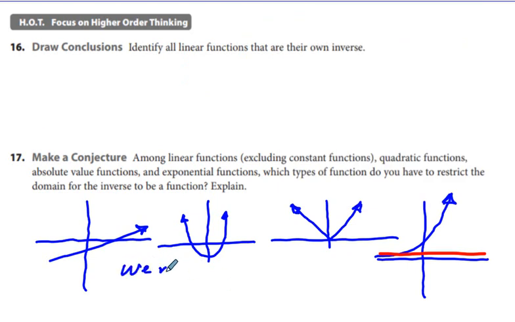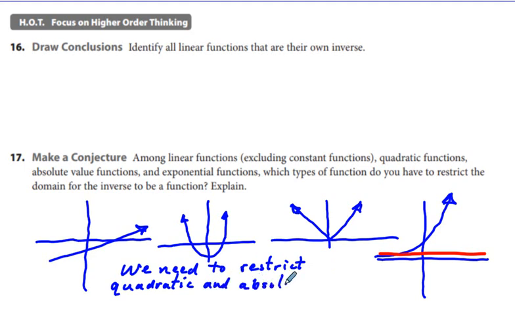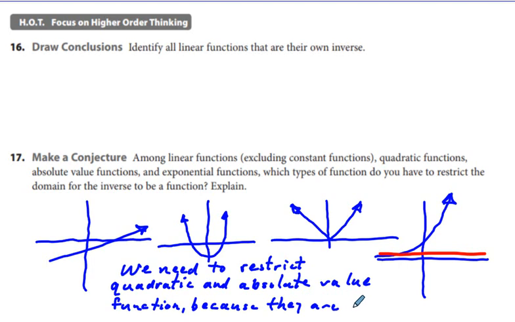We need to restrict quadratic and absolute value functions. And why do we have to do that? Because they are not one-to-one. Or you could say alternatively that they fail the horizontal line test. So that would be our answer to that one.